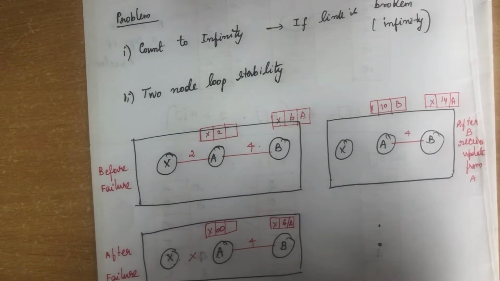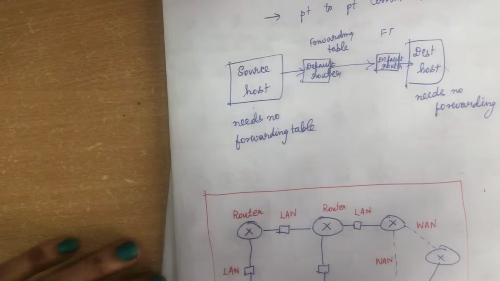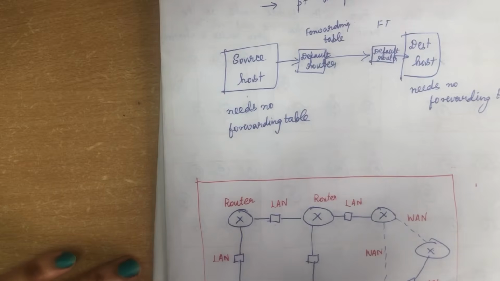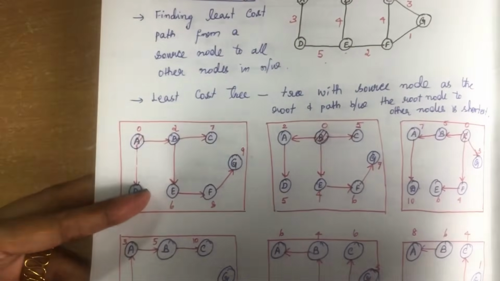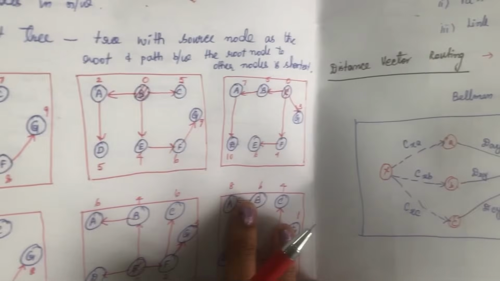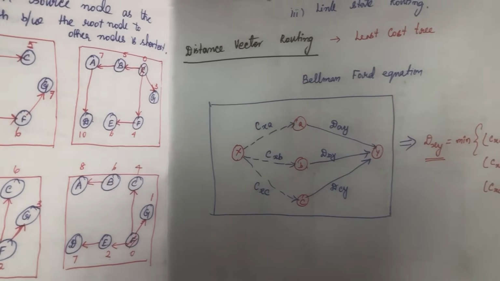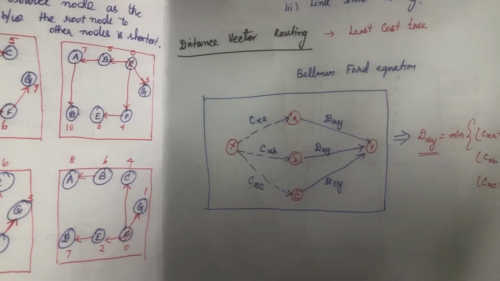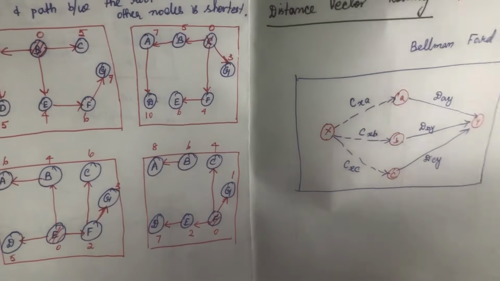In this video we have seen what unicast routing is: transmission from a single sender to a single receiver. We saw the general concept of least cost routing, how to find the least cost tree, and then we came to distance vector routing. This can be done with the help of the Bellman-Ford algorithm. First we saw the basics of the Bellman-Ford algorithm and how to find the equation.